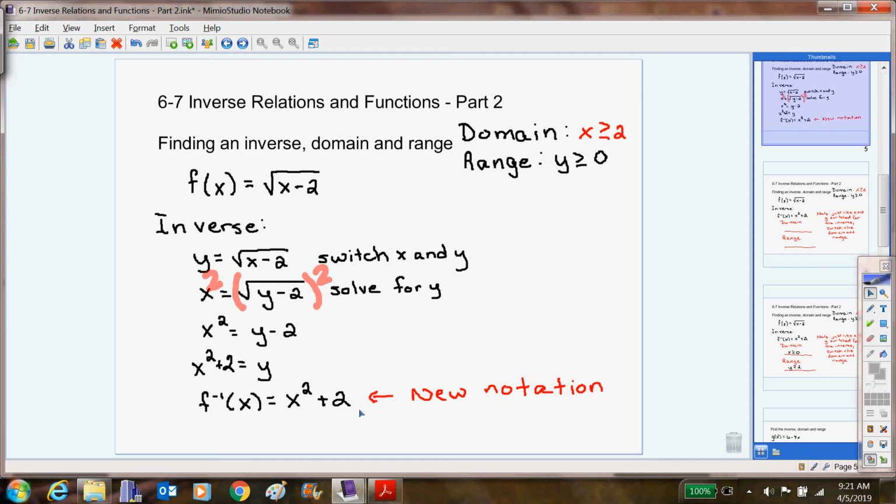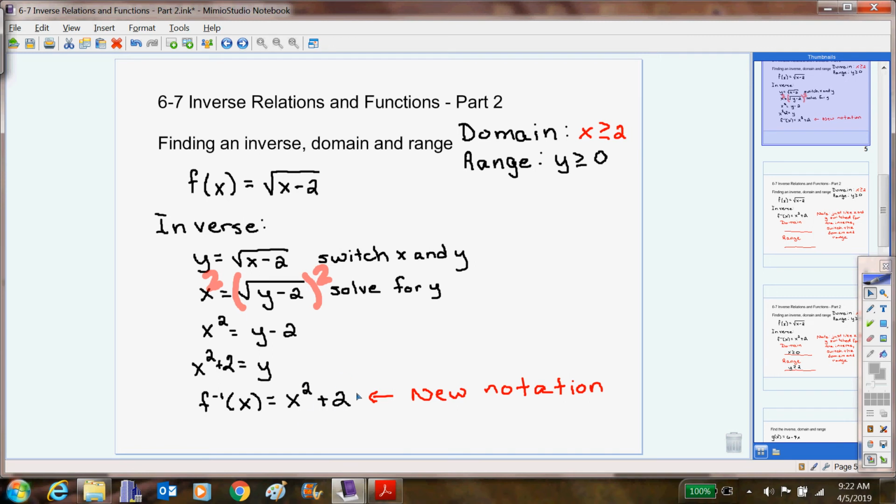What we notice here is that in this particular function, we're just picturing an entire parabola that's moved up 2. But for this one, actually half of it is going to be irrelevant because of the domain and range of the original function. The domain in the original function said that x had to be greater than or equal to 2.